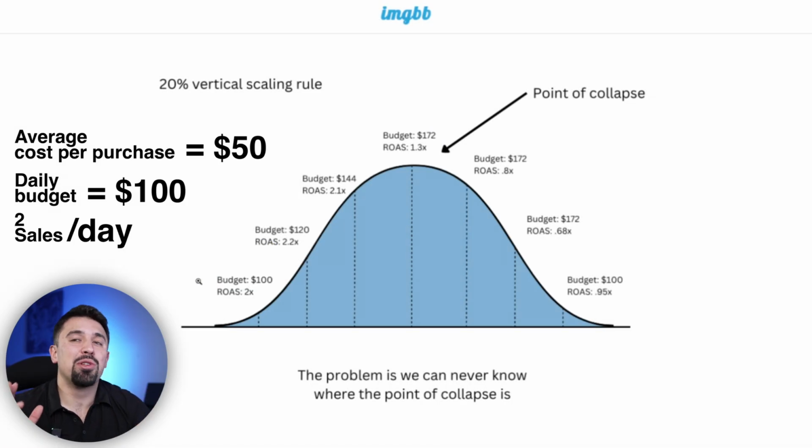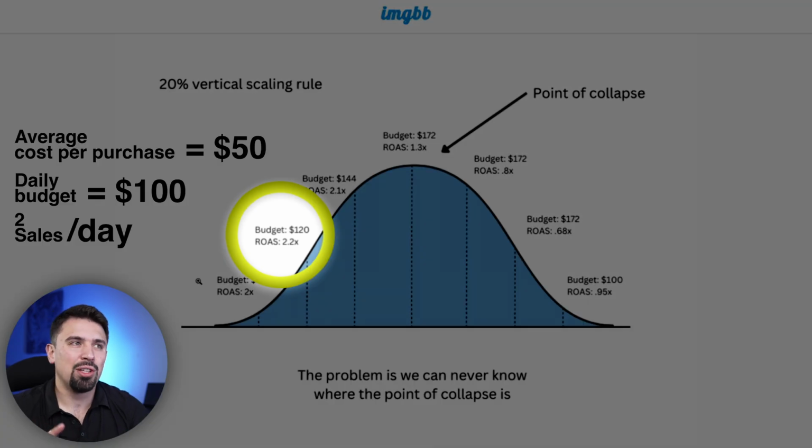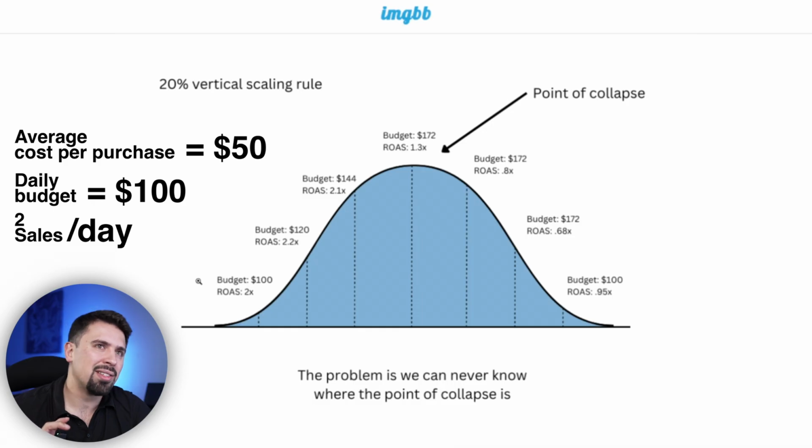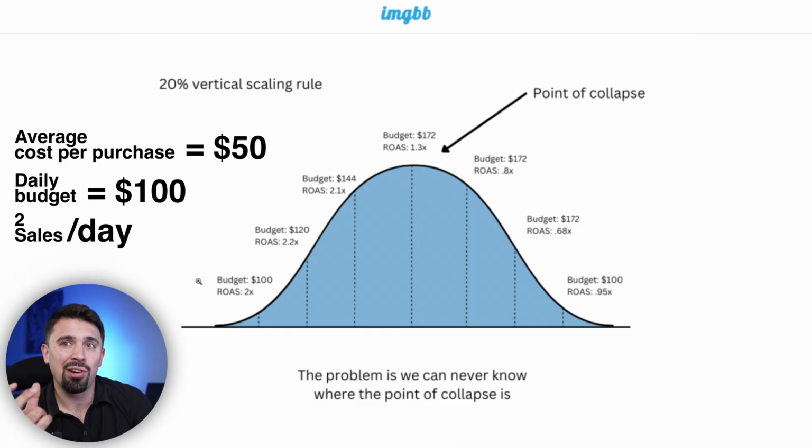If you decide to do the 20% rule, you go from 100 to 120. Well, suddenly you've increased the budget by this awkward amount where Meta can't necessarily get you another sale, but it's spending more. So it's going to ruin its efficiency, potentially, okay? So you have to be aware, I'm risking the performance of the campaign by touching it at all, right? Going from 100 to 120.